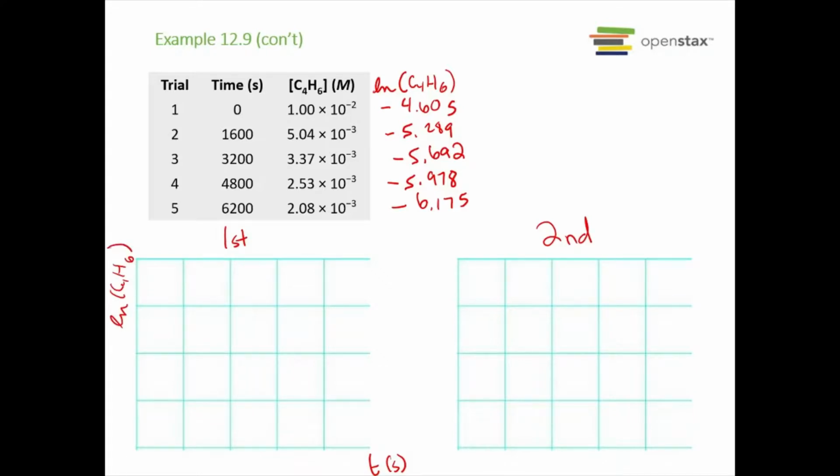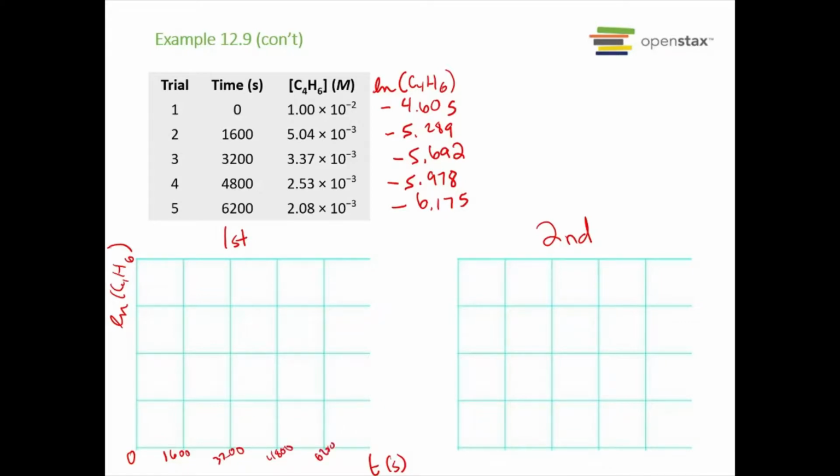So we have terms of seconds, so we have 0 seconds. We're just going to go ahead and make each of our lines here a 1600 second difference. 3200, 4800, and 6200.